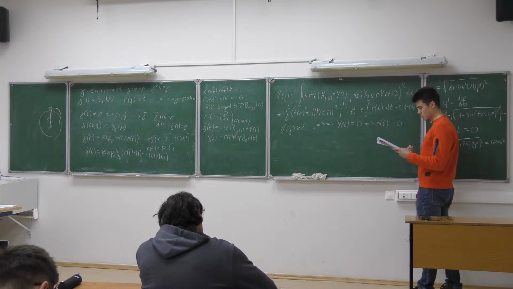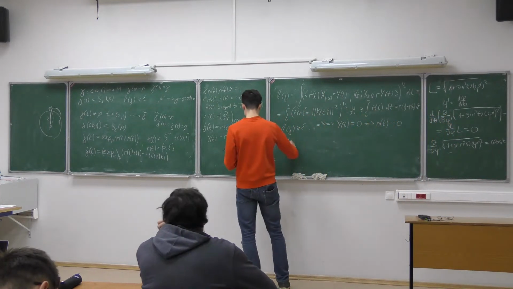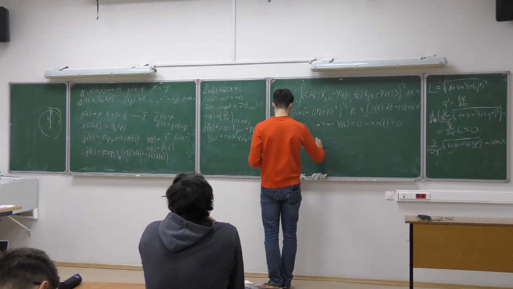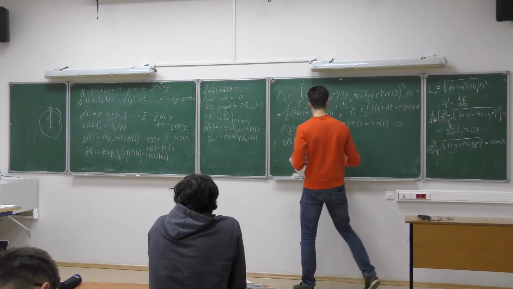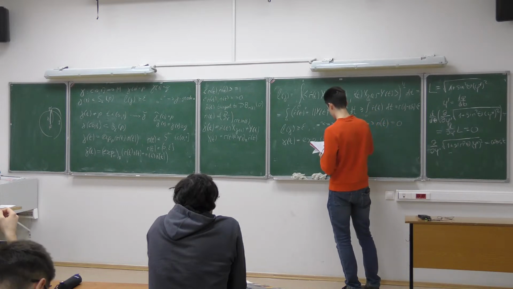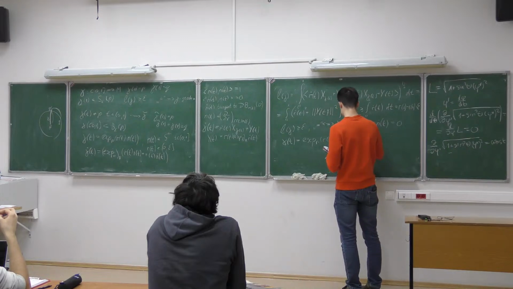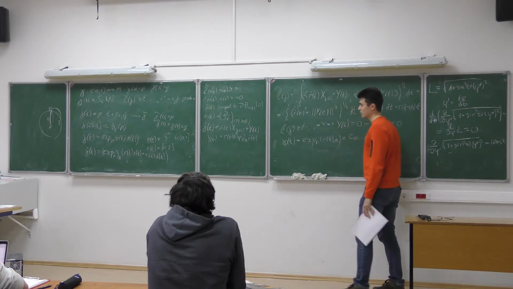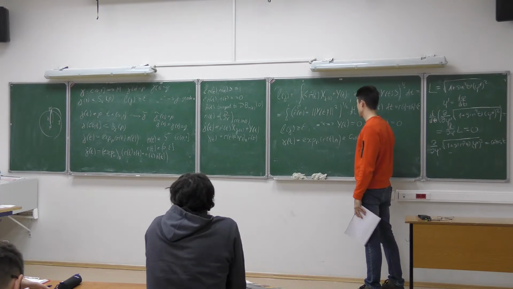And therefore our curve is equal to something like this, so it has the constant velocity. Well, it's just by definition of geodesics. Yeah, that's it.